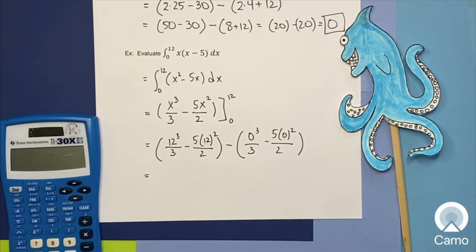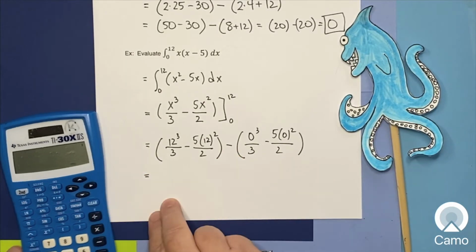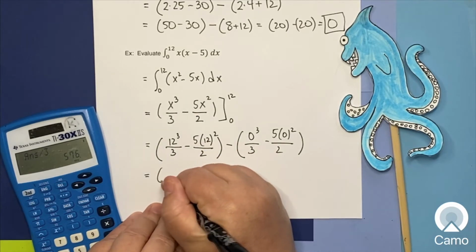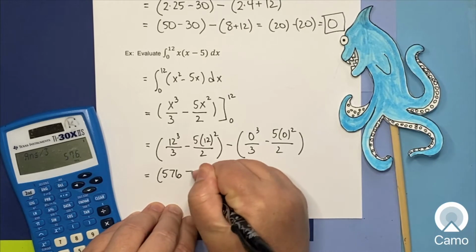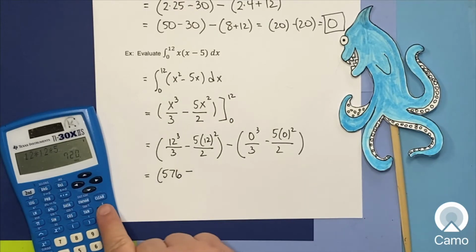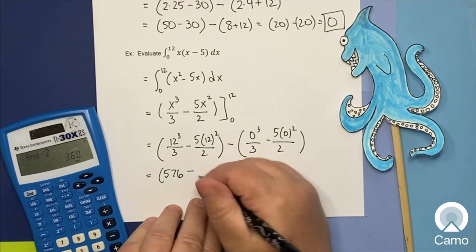And this is why I have my calculator here. I've got 12 raised to the 3rd power, 1728, divided by 3. So I've got 576 minus 12 times 5, 60, times 12 is 720, divided by 2, 360.